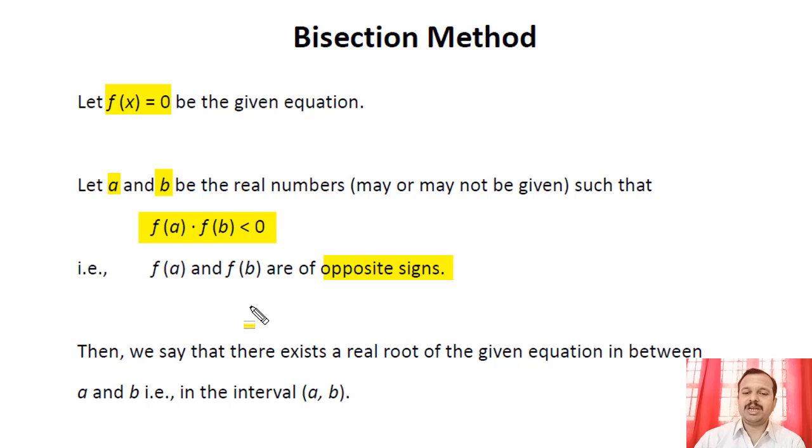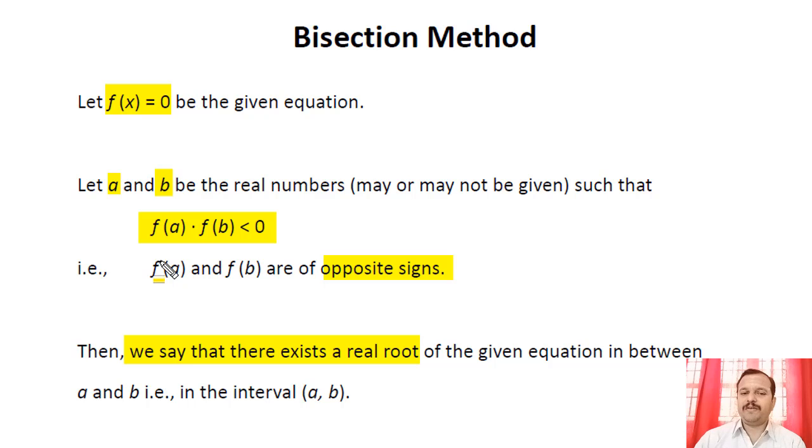So if we observe this condition to be valid, then we say that the desired root exists in between these two numbers a and b. This is the most important conclusion we have to make.